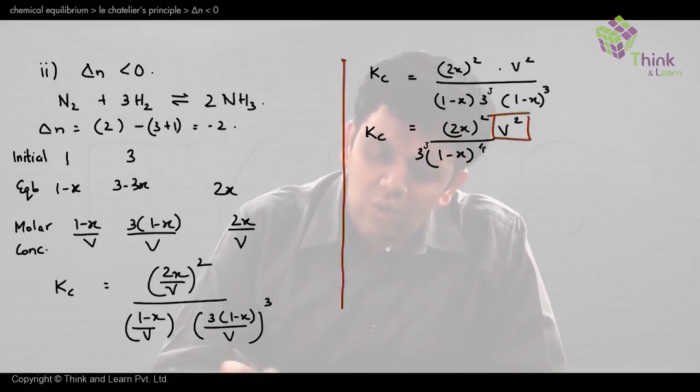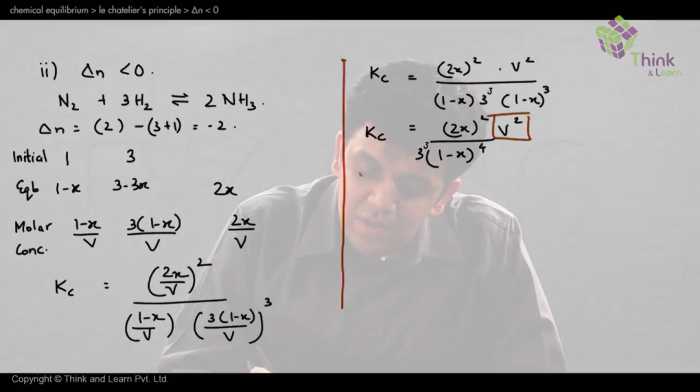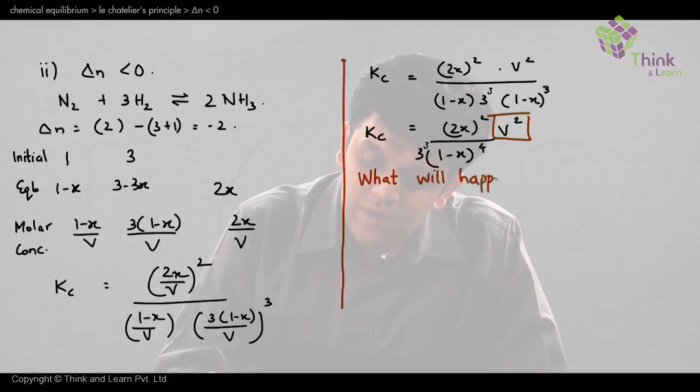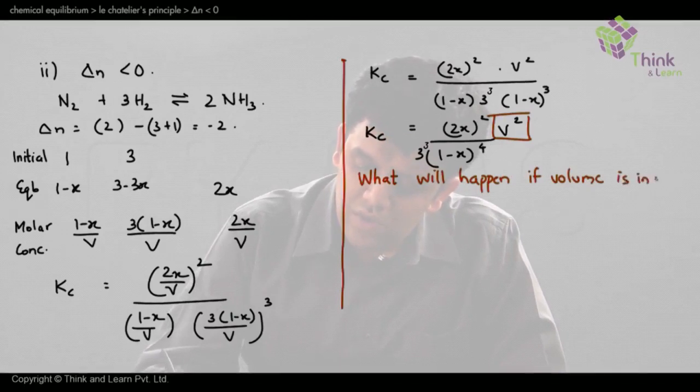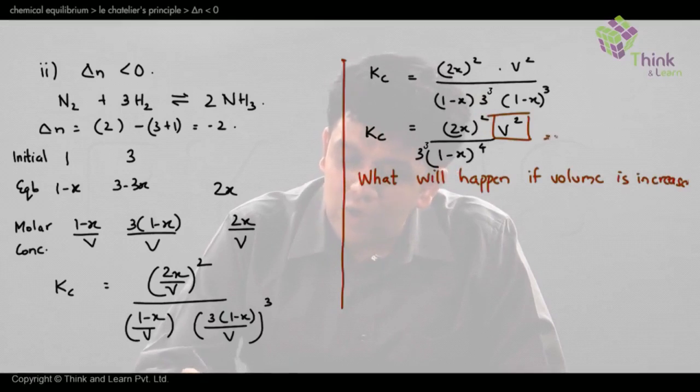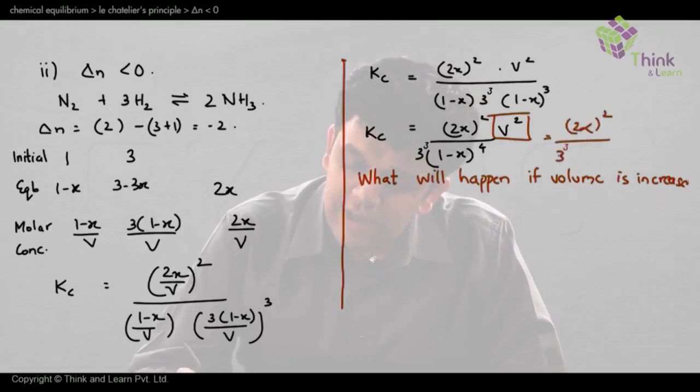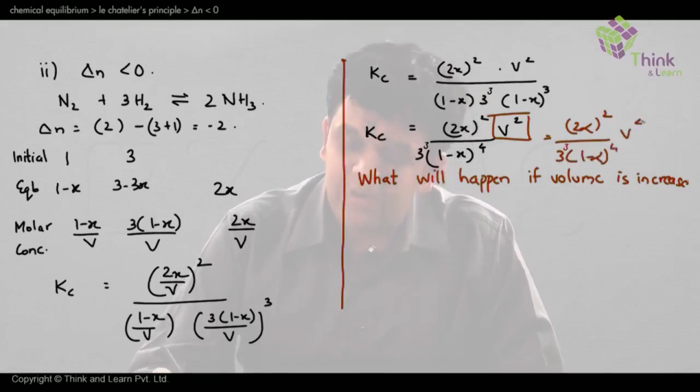Okay. So now what will happen if volume is increased? In terms of alpha, we can also write this as 2 alpha the whole square divided by 3 into 1 minus alpha the whole raised to 4 into V square.